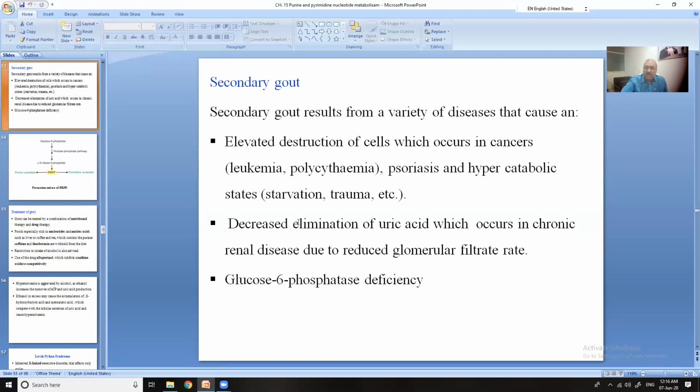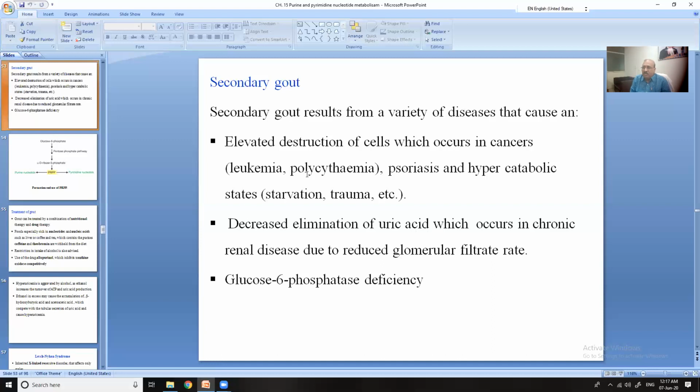Okay, so decreased elimination of uric acid occurs in chronic renal disease due to reduced glomerular filtration rate. And because of all these, the uric acid is more and more. So it is known as secondary gout, right?